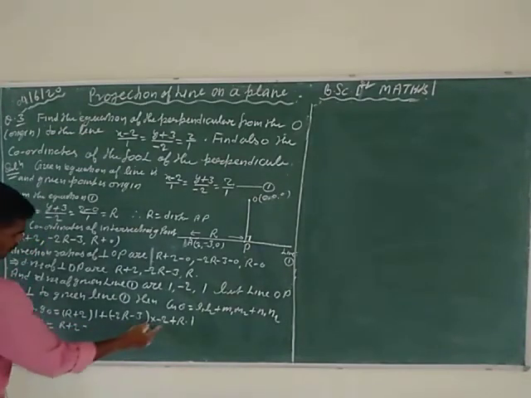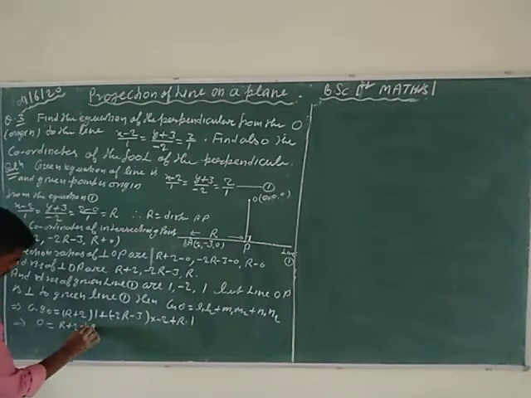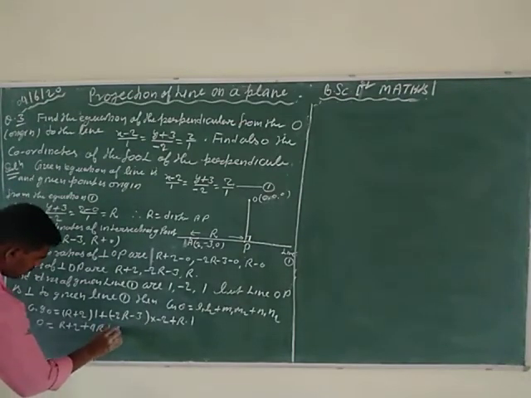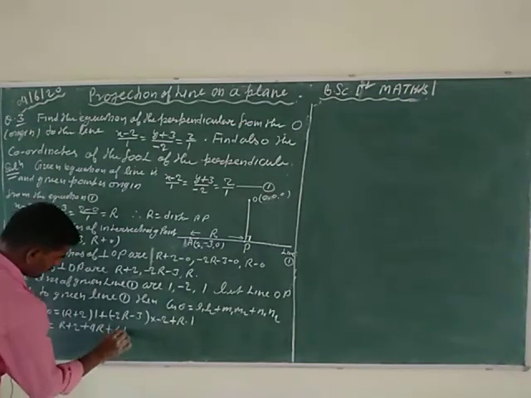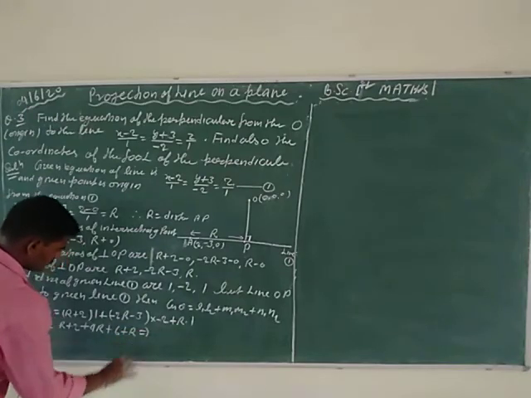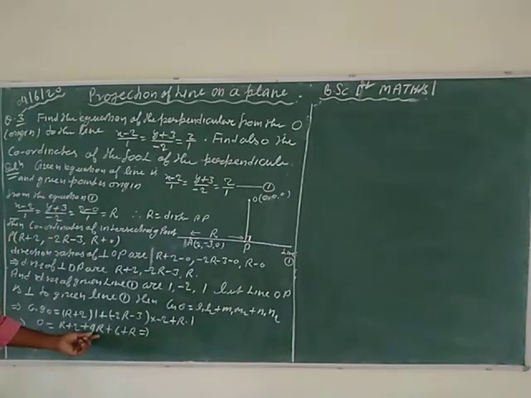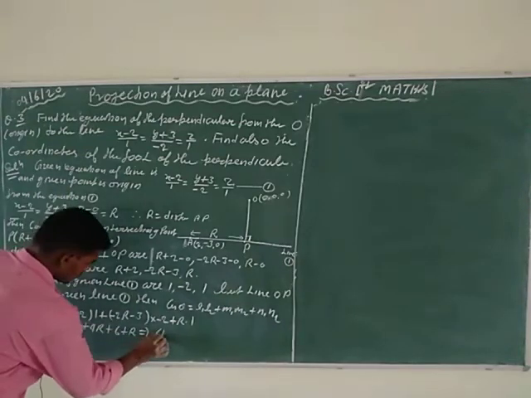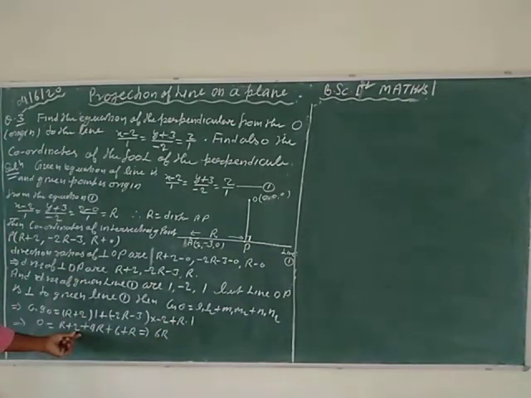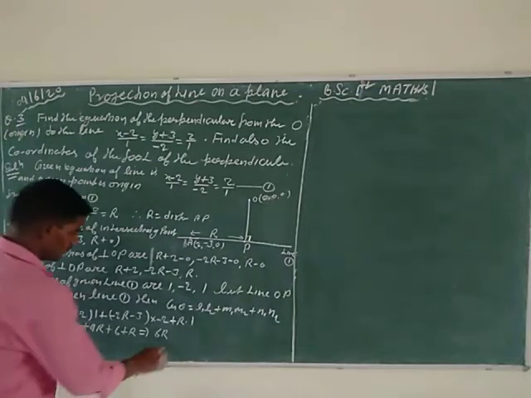So 0 is equal to r plus 2, plus 4r plus 6, plus r. It implies that r plus 4r plus r is equal to 6r, and 2 plus 6 is equal to 8.